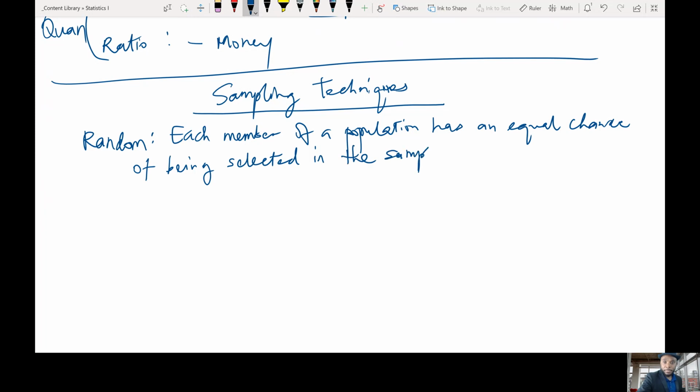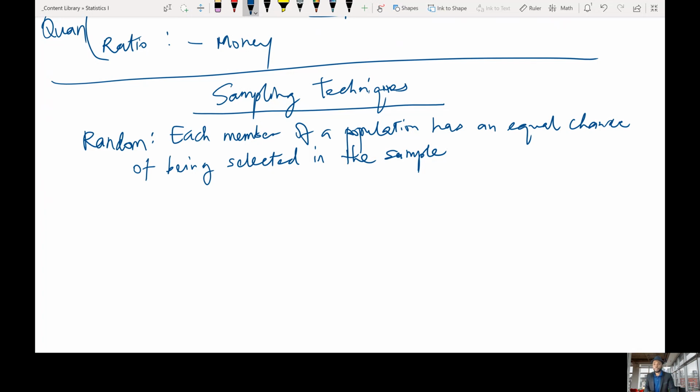Okay, so each member of a population has an equal chance of being selected in the sample. That's what we mean by random. So when we use the word random, think about that.